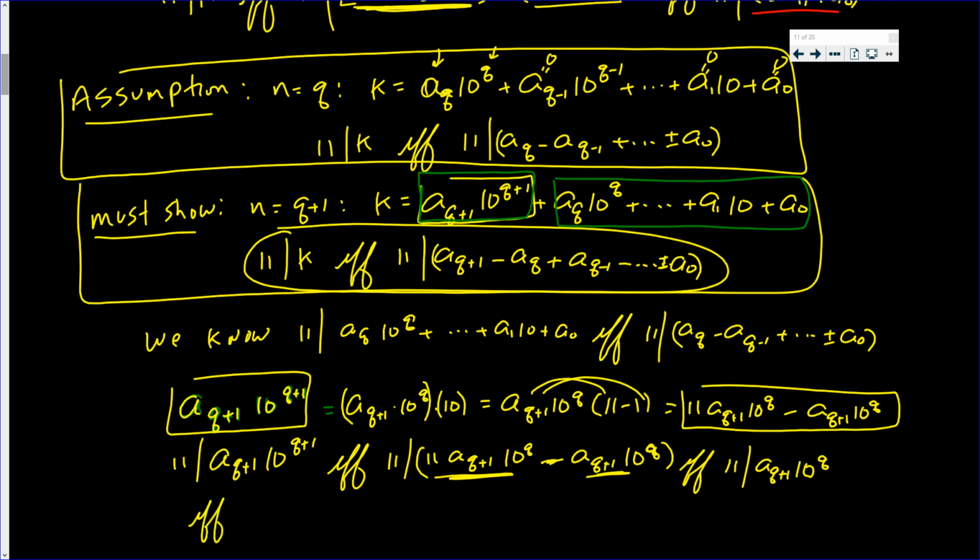But this is if and only if 11 divides a(q plus 1) 10 to the q plus 0 times 10 to the q minus 1 plus 0 times 10 to the q minus 2 all the way down to 0 times 10 plus 0 times 1.